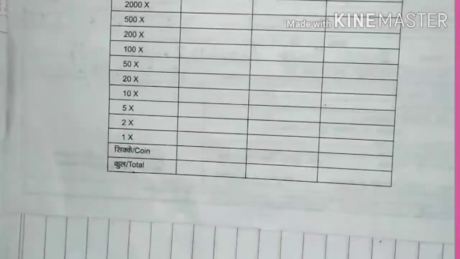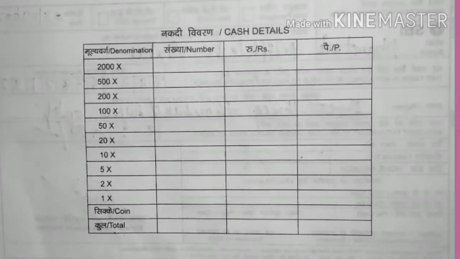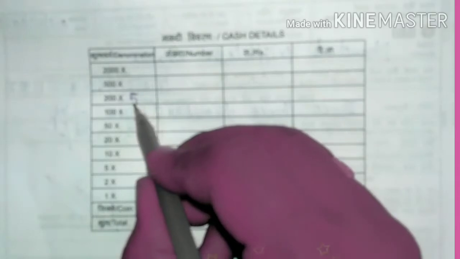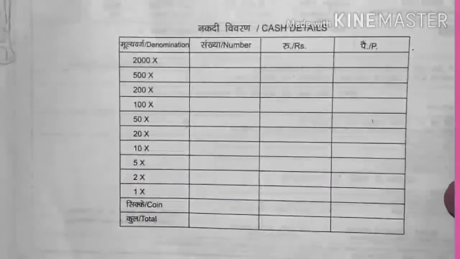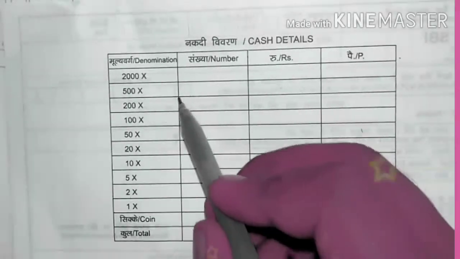Then which type of rupees I want to take out from that bank, we have to write here. Suppose I want 200 rupees of 5 notes, that is 1000. 2000, sorry, we have to write 200 rupees.